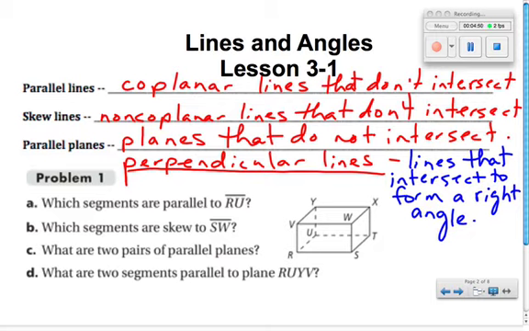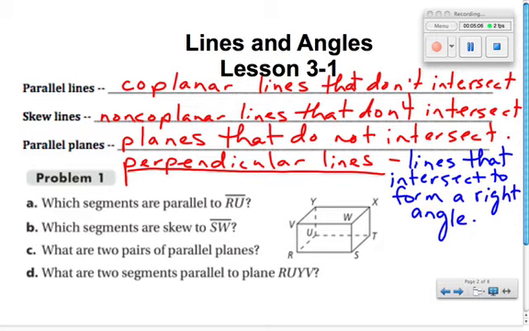Now, in problem 1, they're asking us to apply that knowledge of what is parallel, what is skew, and identify in part A, segments that are parallel to segment RU.